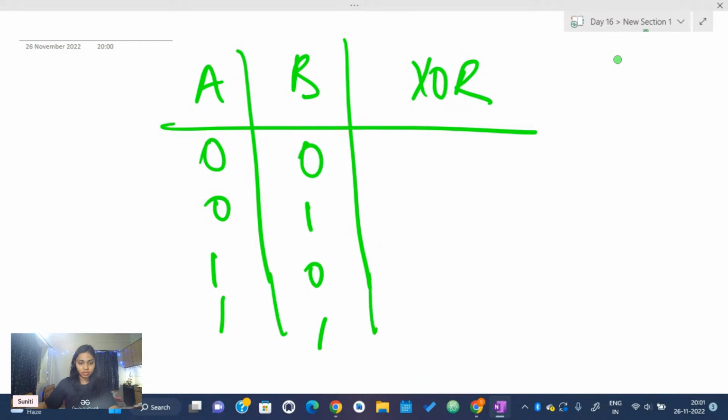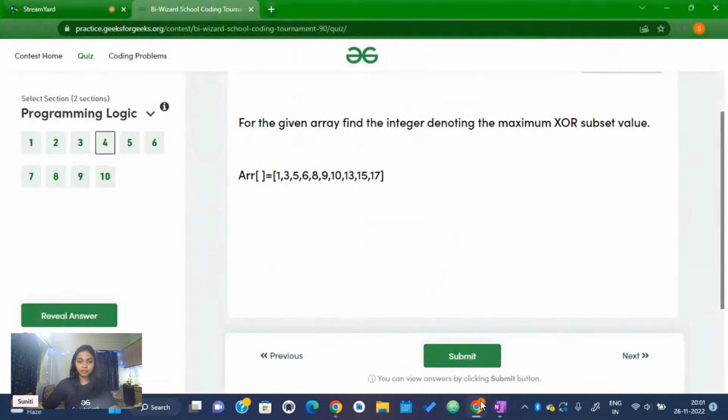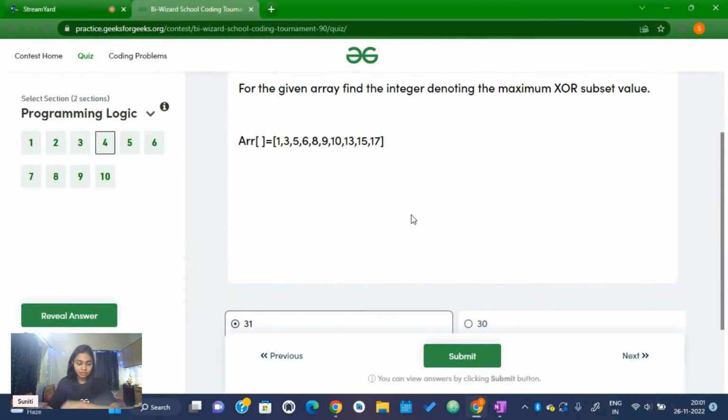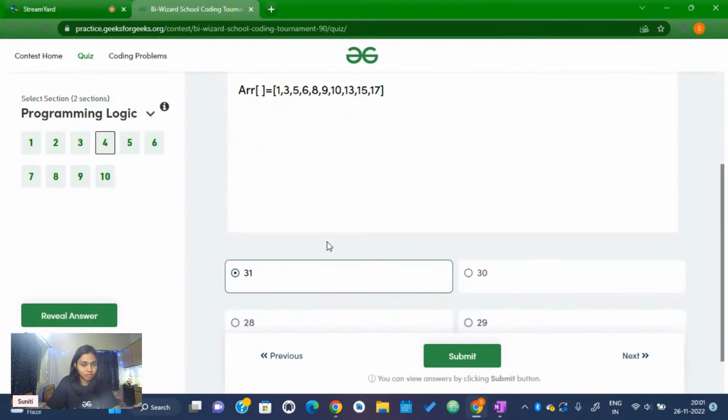For the similar value, XOR gives us 0. For the different value, XOR gives us 1. This is the property of XOR. If you apply it to the elements of this array, you will get the maximum XOR subset from 1, 15, and 17. These 3 elements give the maximum XOR, and the value that we are getting is 31. So that is the answer to this question.